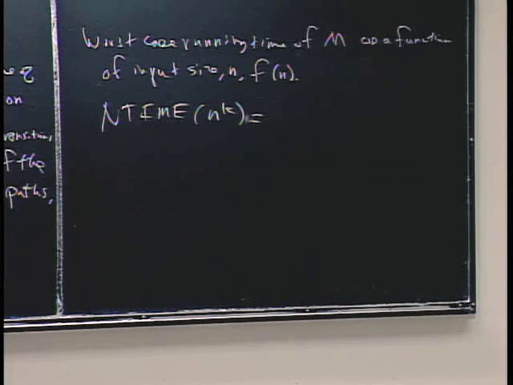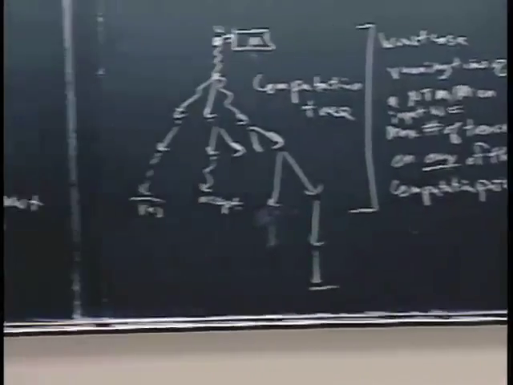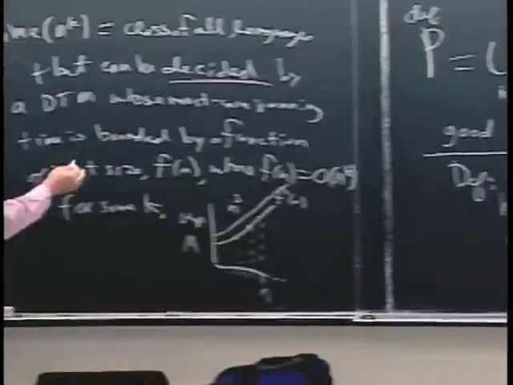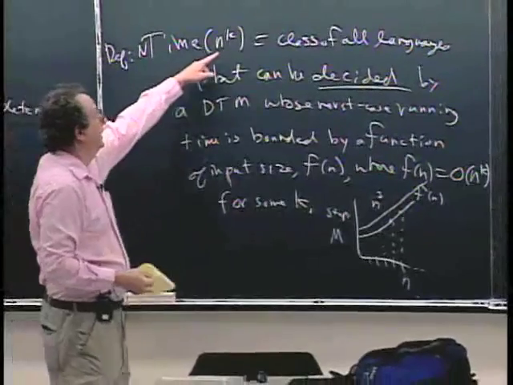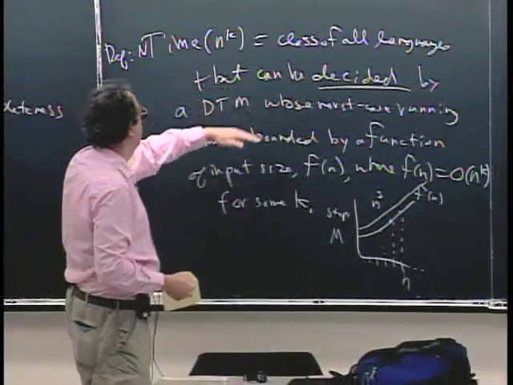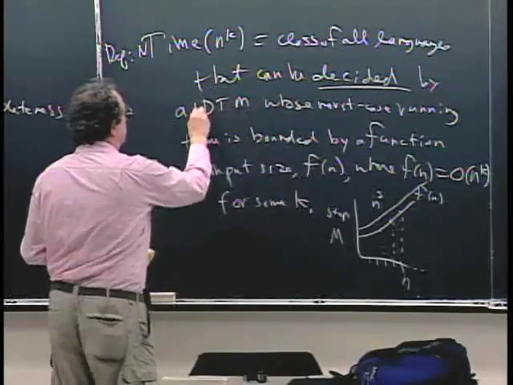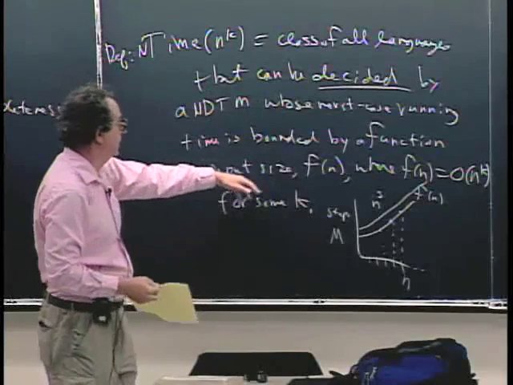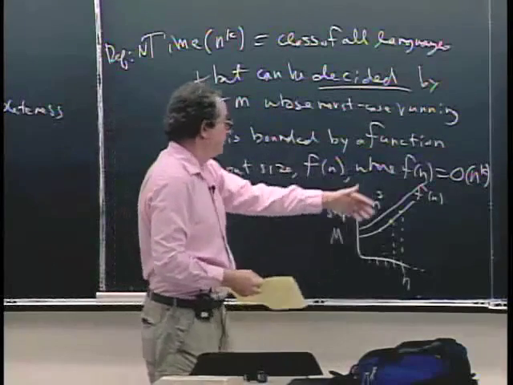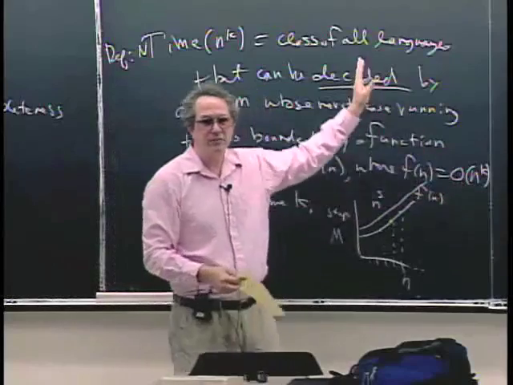Non-deterministic time, n to the k, is the class of all languages that can be decided by a non-deterministic Turing machine whose worst case running time is bounded by a function of input size f of n, where f of n is n to the k. So it's very, very analogous.